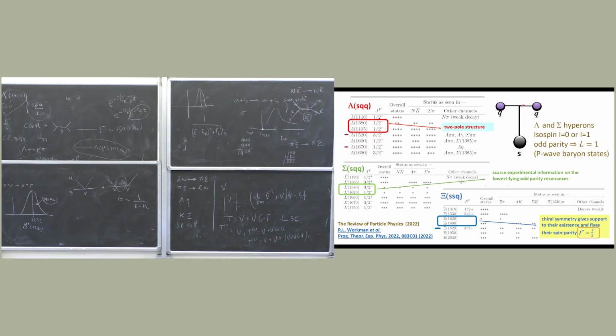The third order will be what? Just help me. What do they do? Pion, so meson, then I have a baryon, and now what do they do? V.